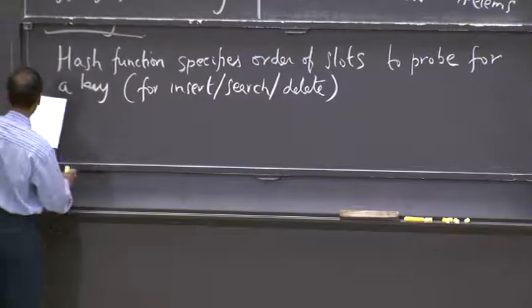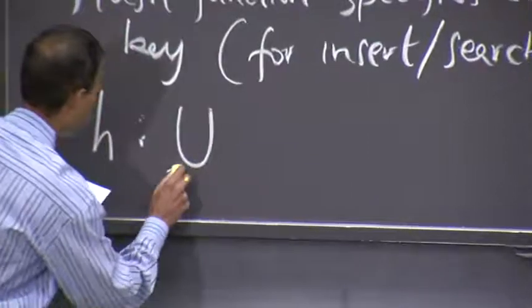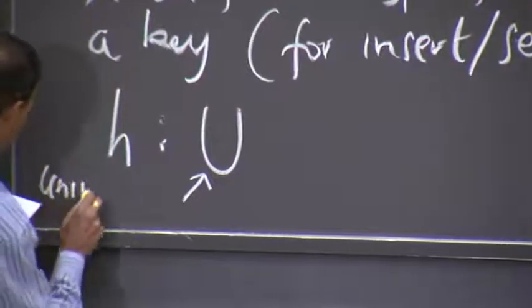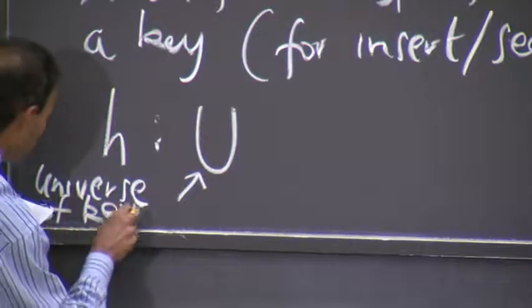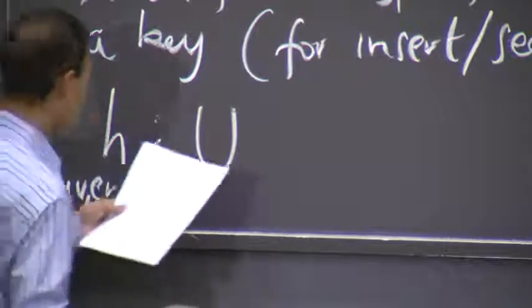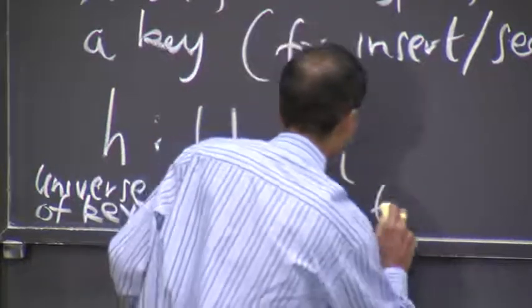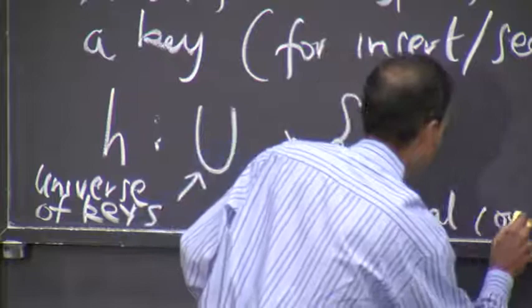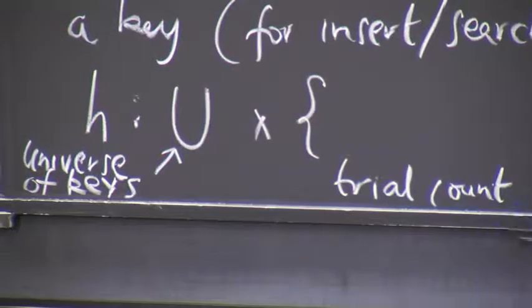And so our hash function, h, is going to take the universe of keys and also take what we're going to call the trial count. So if you get lucky in your first trial, great. And if you're not, you hope to get lucky in your second trial, and so on and so forth.